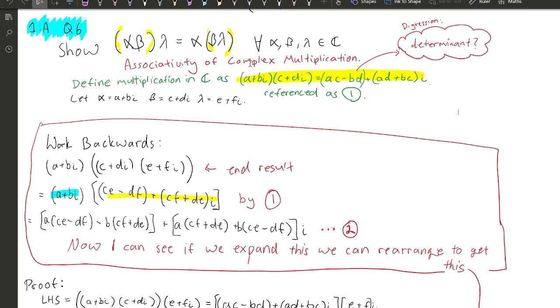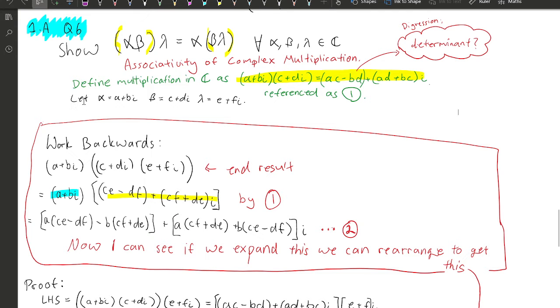So first, we need to define multiplication in the complex numbers, and we're going to use the definition from the textbook. I didn't memorize this, I just expanded and worked it out. And we're going to reference that as 1 because I don't want to write "define multiplication in C" every single time I use it.